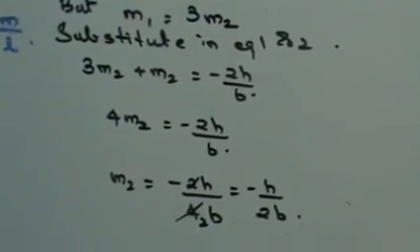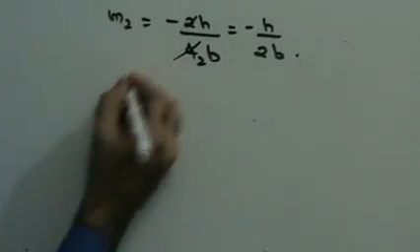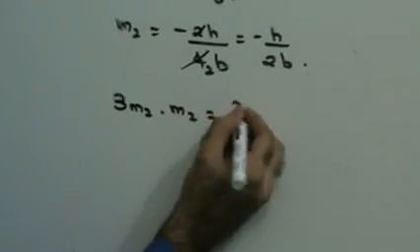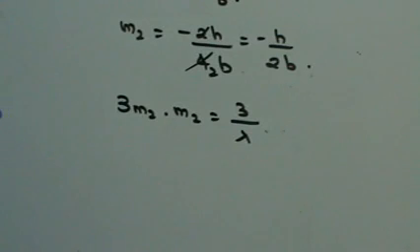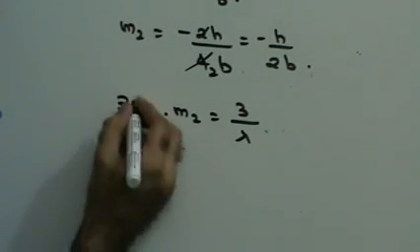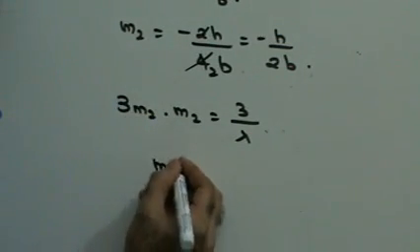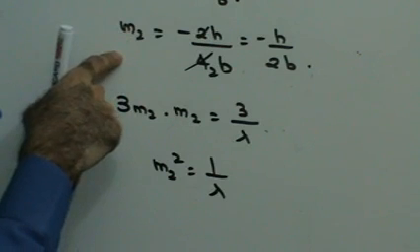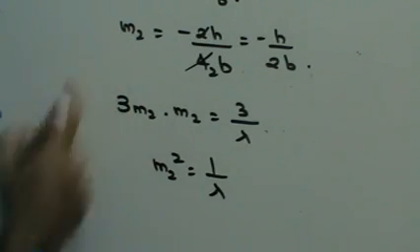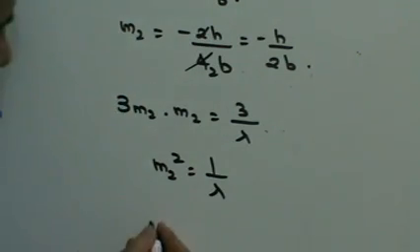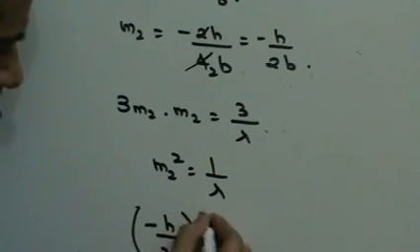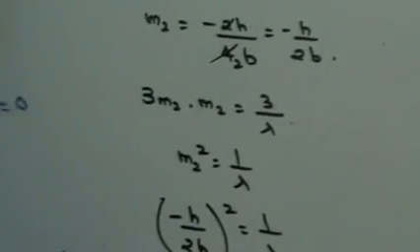Similarly, if I substitute in equation 2, I'll get 3 times m2 into m2 is 3 upon lambda. So I'll get m2 square is 1 upon lambda. But we have just found out the value of m2 to be this. Substitute the value of m2 here. So I'll get minus h upon 2b, the whole square, is 1 upon lambda.